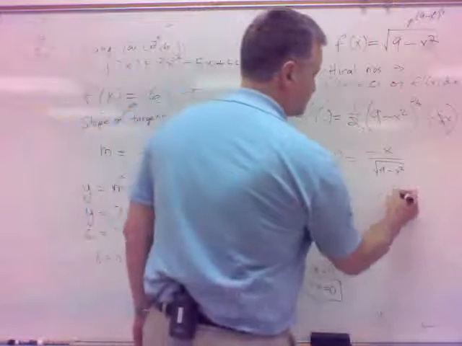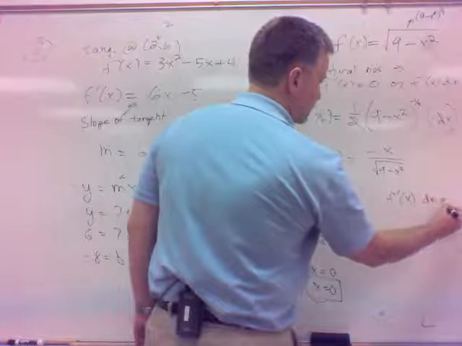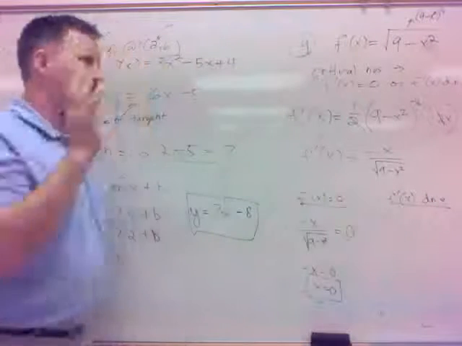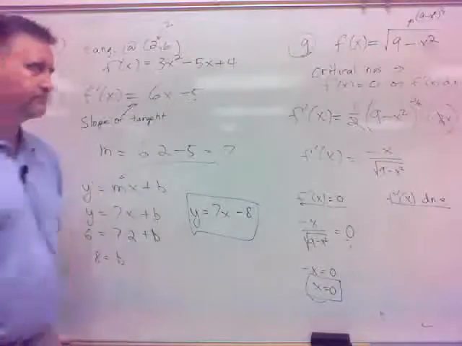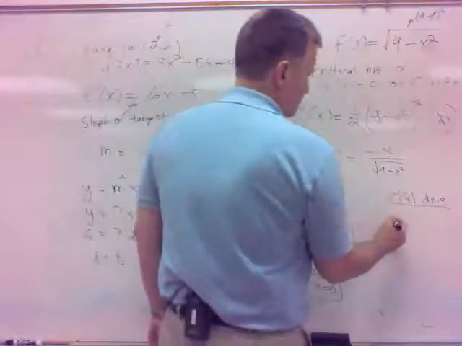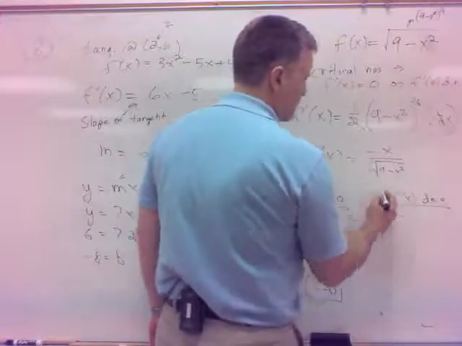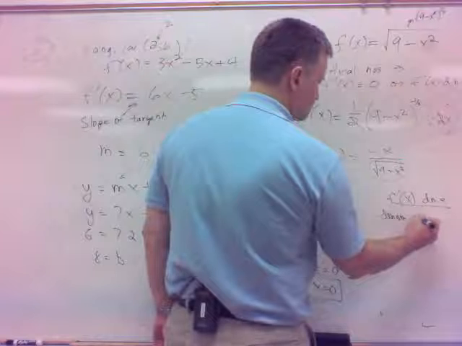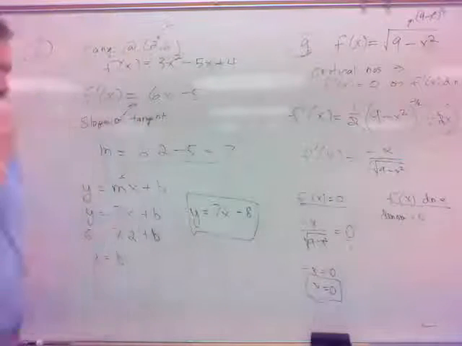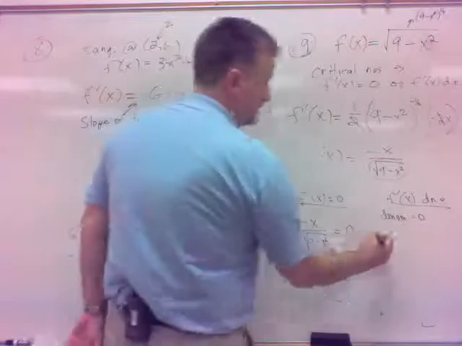But where it does not exist, the ones we really looked at was where the denominator equals 0. So where does this denominator equal 0?